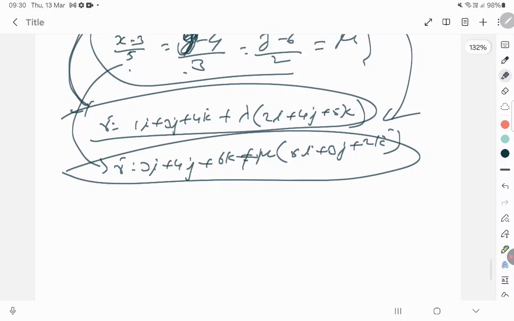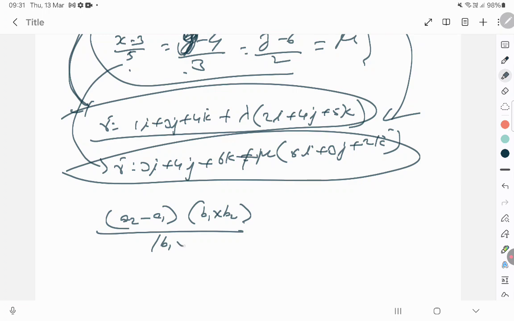After converting into vector format, the formula for the distance between two skew lines will be a2 minus a1 dot b1 cross b2 by magnitude of b1 cross b2. a2 minus a1 means this is a1, this is a2. This is b1, this is b2. a2 minus a1, subtract it. Okay. b1 cross b2, cross these two. Yes.